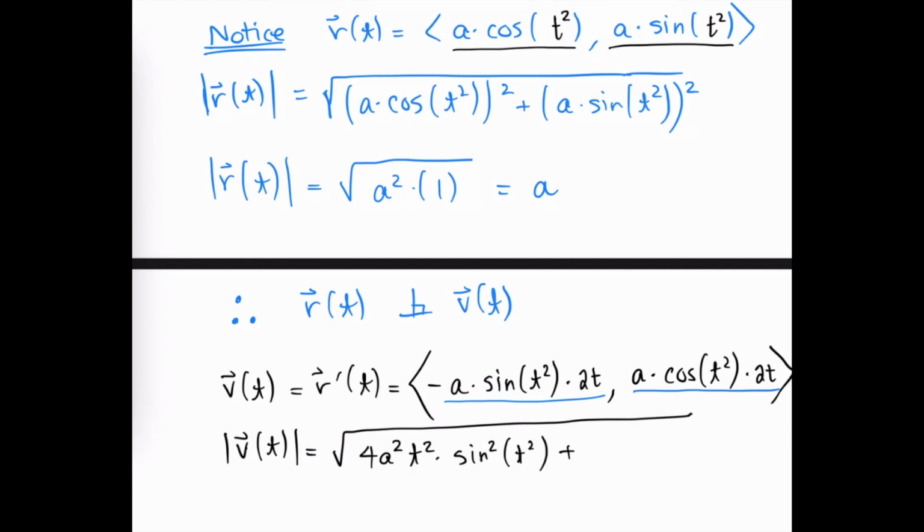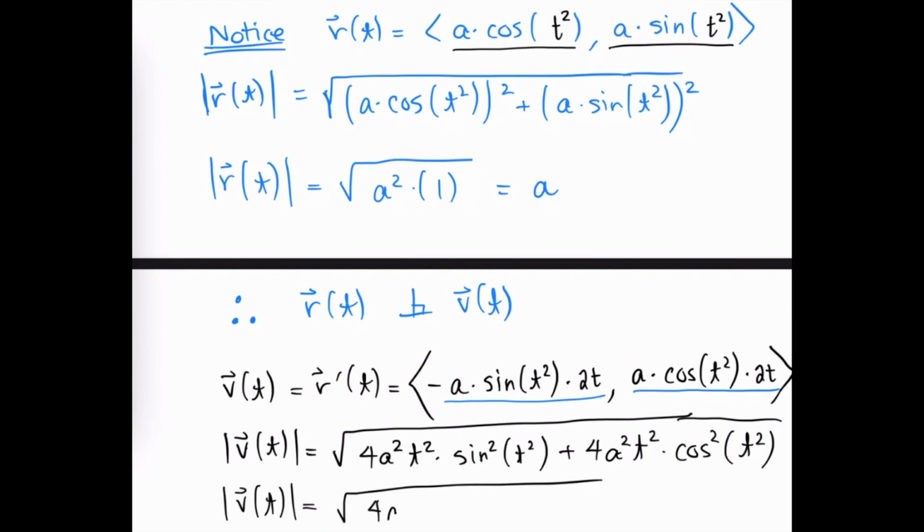So we're going to end up with 4a squared t squared times cos squared of t squared, squaring all of those components. And this time, the magnitude becomes 4a squared t squared, which gets factored out, and then sine squared plus cos squared is going to be equal to 1.